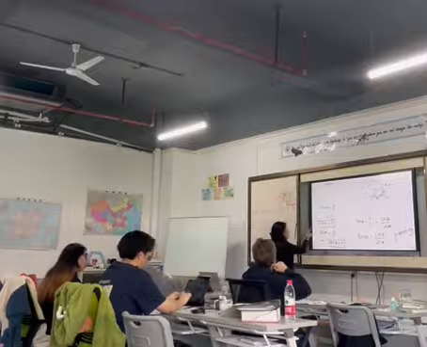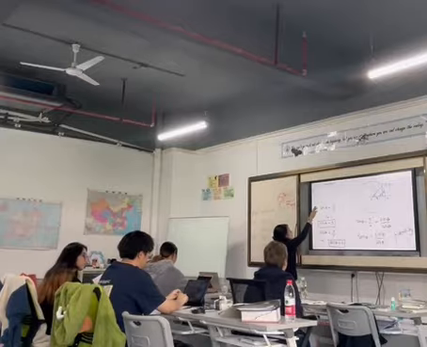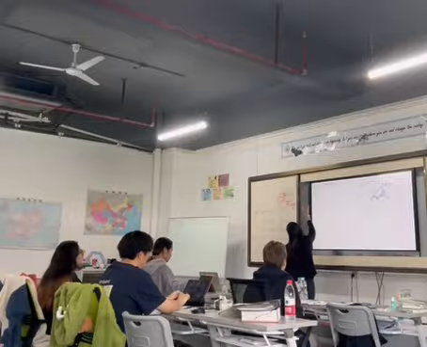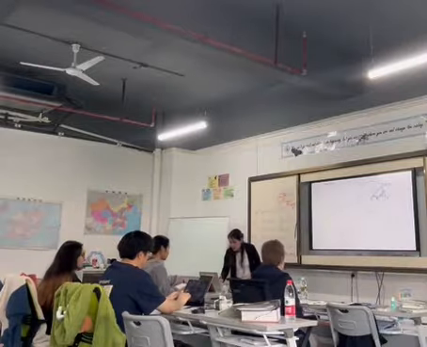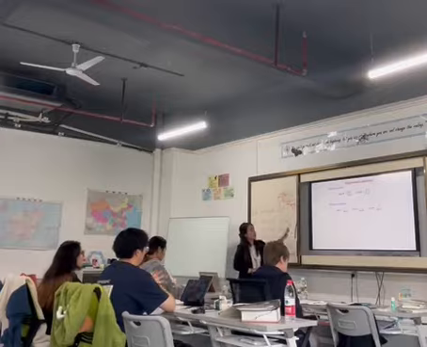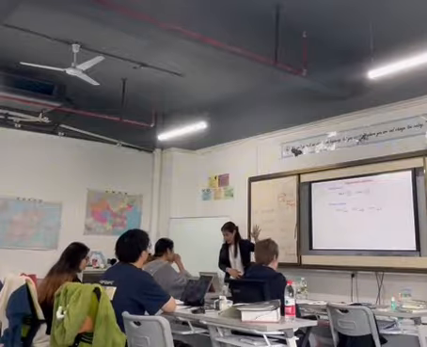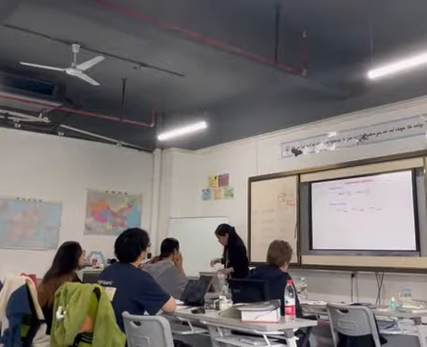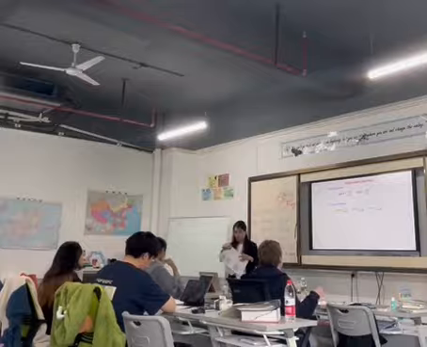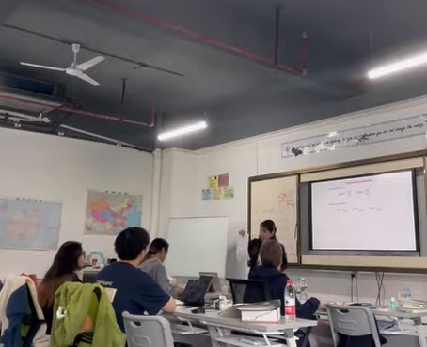Can I go to the next slide? Okay. So that is why we have here the trigonometric identities. I'll be giving you the trigonometric identities. These are a lot, but we will discuss them one by one.